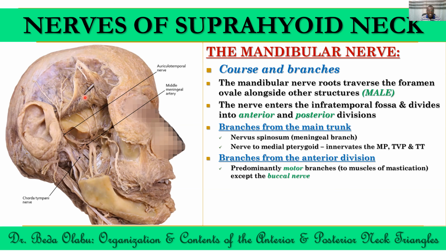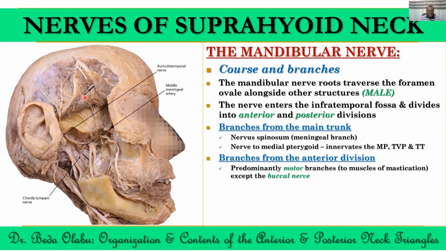So consider that muscles of the first pharyngeal arch, and especially the masticatory muscles, are innervated from this particular trunk. The only one of the muscles of mastication which is not innervated from here is the medial pterygoid muscle, because its nerve has already been given.